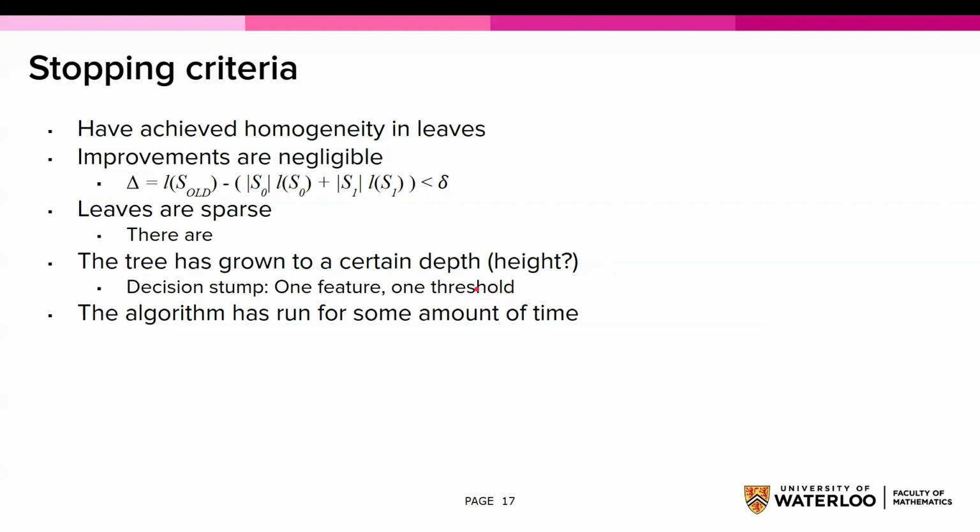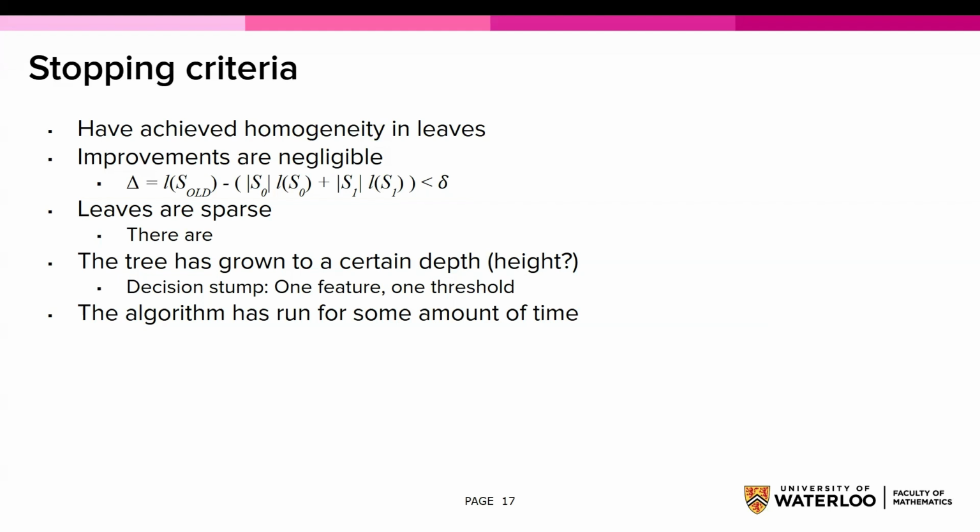An extreme example of this would be a decision stump, in which you stop after figuring out the first feature and first threshold. So this would create a really fast but not very accurate tree.